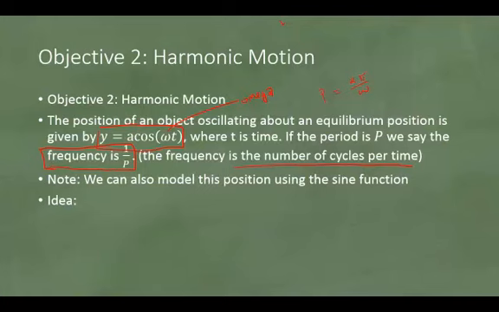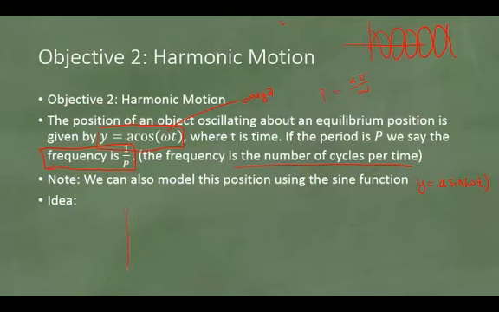You can also model this position using the sine function. So we can also use y is equal to a sine omega t. The cosine function always repeats itself, just like the sine function. They just start at different spots. So all of this is harmonic motion. It's motion that just goes up and down, and repeats over and over again.